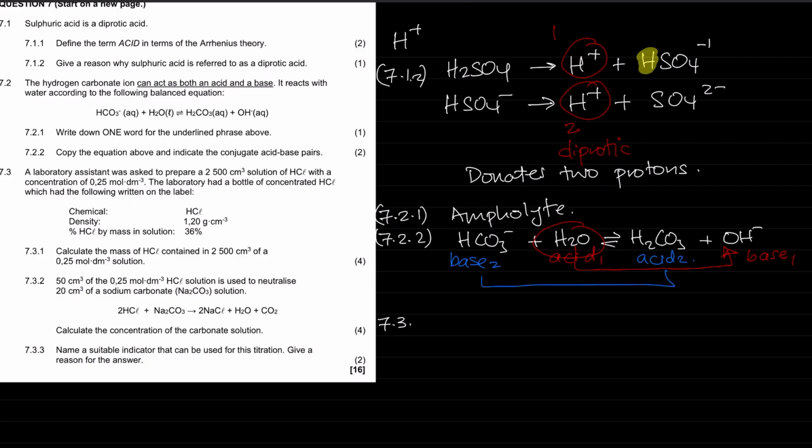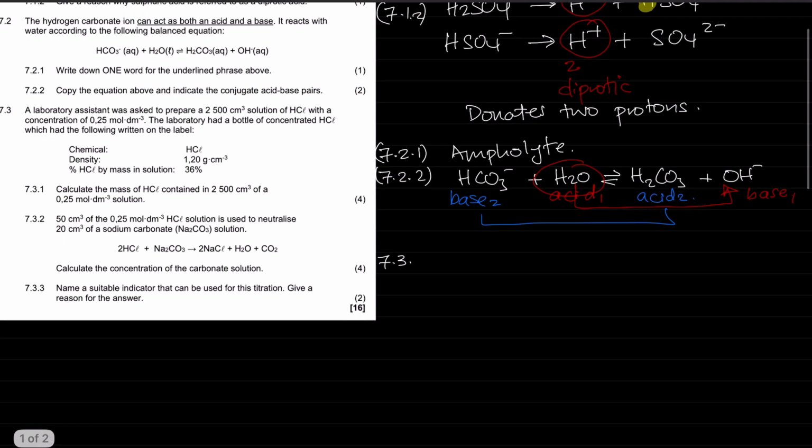So 7.3.1, calculate the mass of HCl contained in 2,500 cm cubed of 0.25 moles per dm cubed solution. There is a form of the concentration formula that has mass in it, and it's quicker to use that formula. The formula is concentration is equal to mass divided by molar mass times volume.